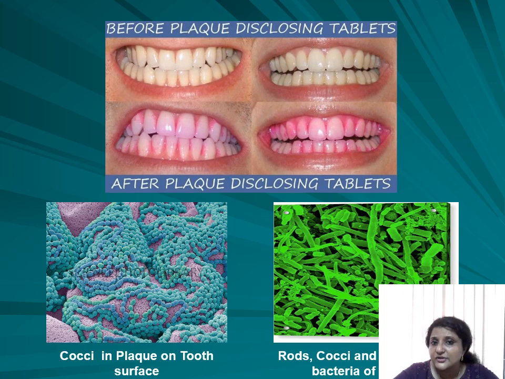And this is actually a good diagnostic method to show children especially that they need to brush their teeth regularly. Otherwise, it could result in this. As you can see in the lower pictures, the cocci, the rods, and the filamentous bacteria are present on the surface of the tooth in the plaque.